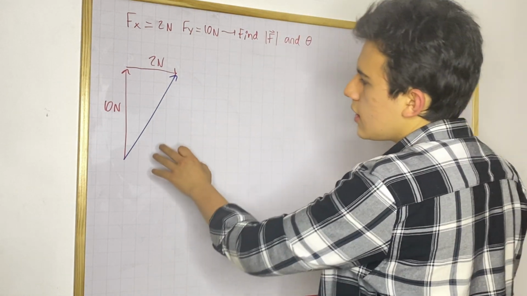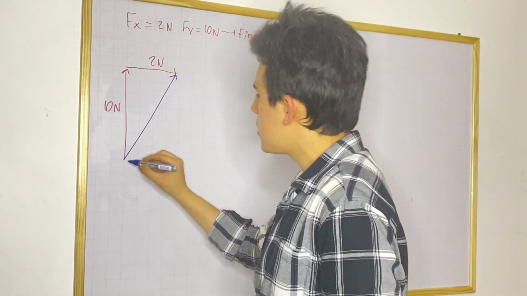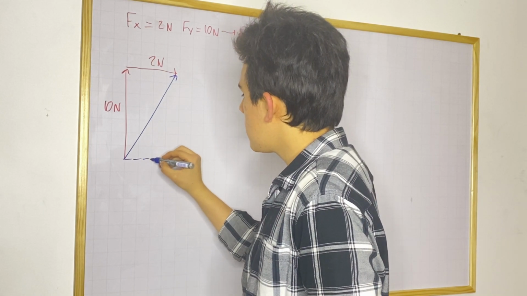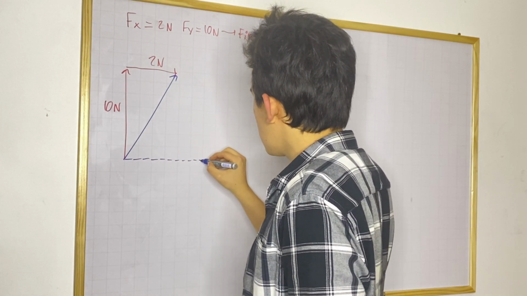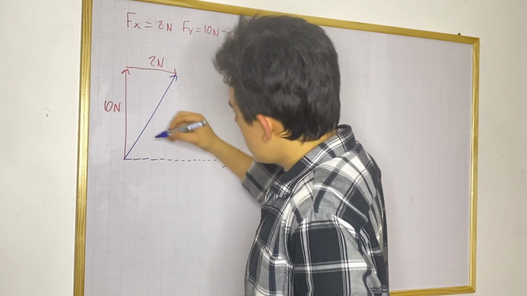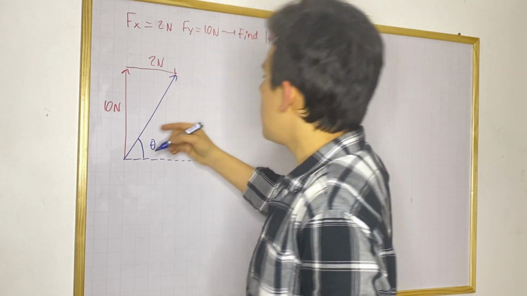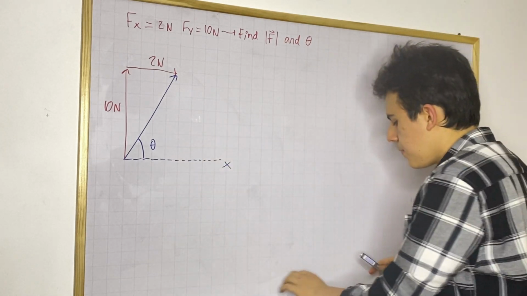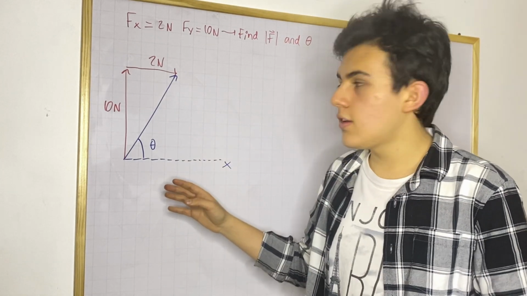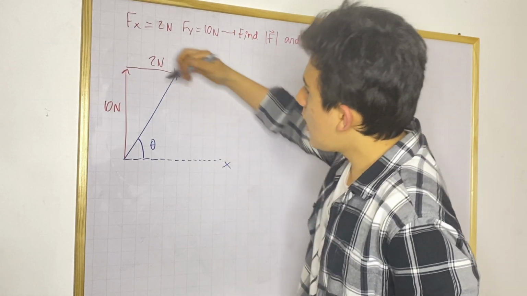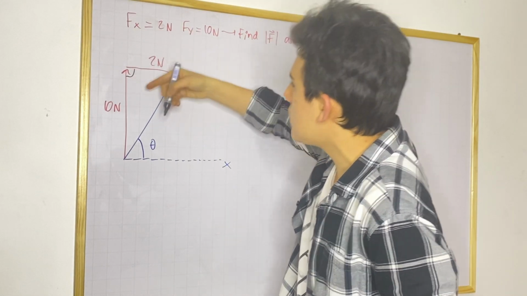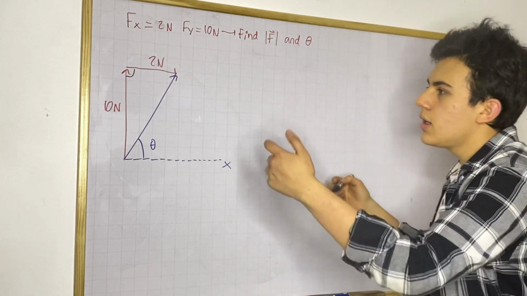And now in this drawing, we really care about having an x-axis, which, well, we care about the angle between that axis and the vector, okay, which is going to be theta. And now, hopefully you can see this is basically just Pythagorean theorem, that is a right triangle.